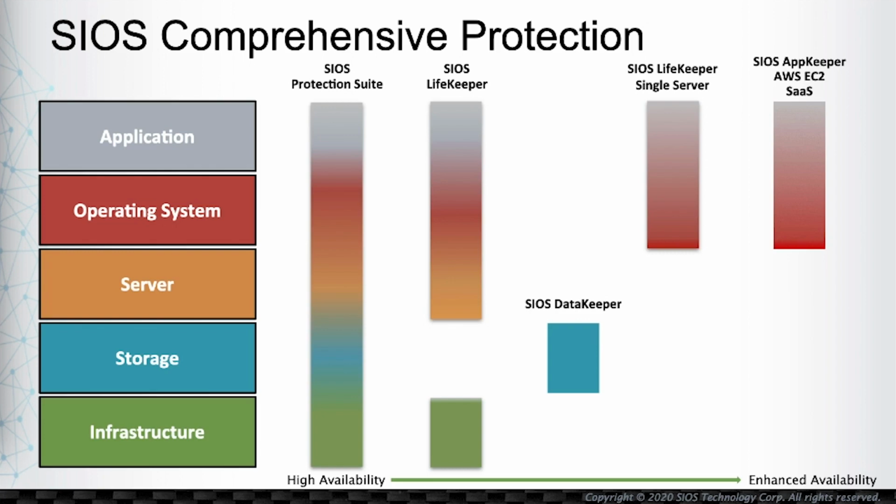Well, LifeKeeper, just in a single server mode, can take care of all that. So while it's providing availability, it's also reducing all the administrative burden of having to deal with those very common issues. It's not building redundancy. Maybe you have another solution that's building redundancy. It's just another cluster technology that's just not going to the application layer. This provides up to the application layer. So it's one server, no data protection.